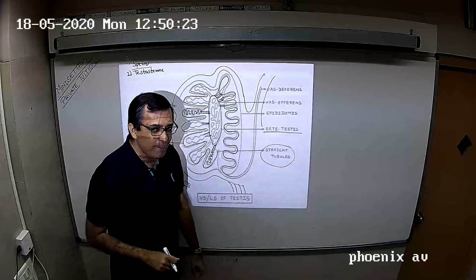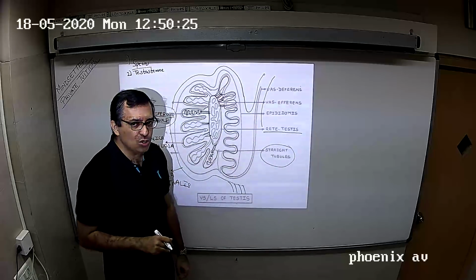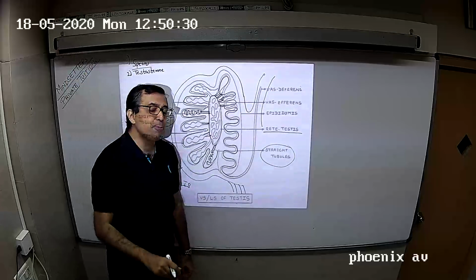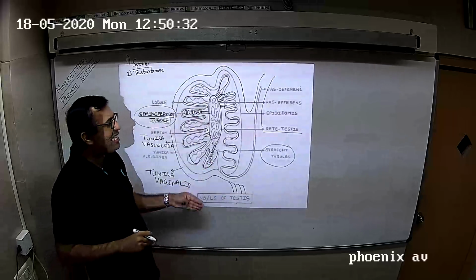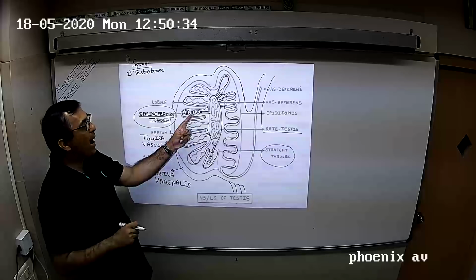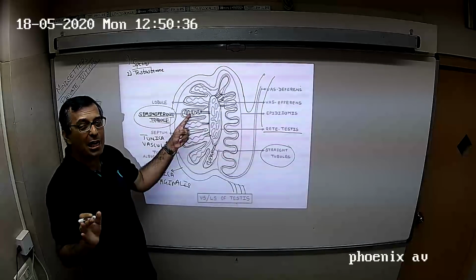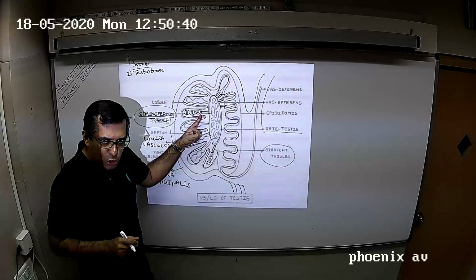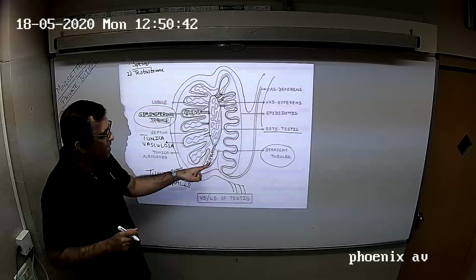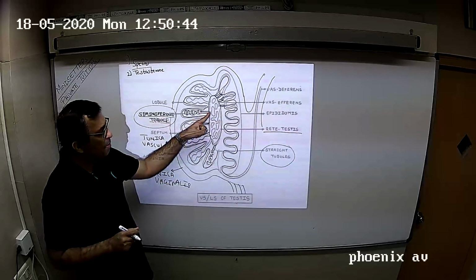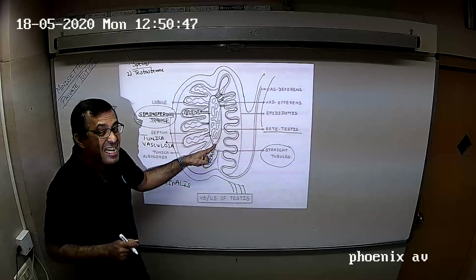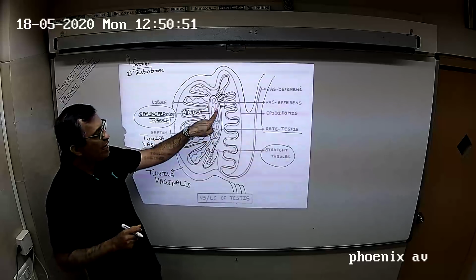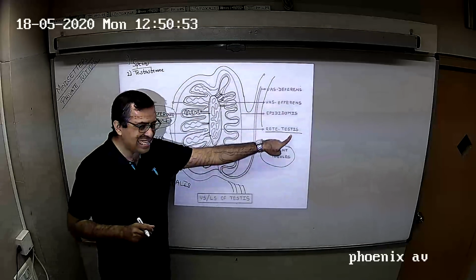So, once again, how does spermatogenesis take place, and what is the pathway for sperms? Sperms are produced inside the testis by a process called spermatogenesis within the seminiferous tubules. From seminiferous tubules, sperms pass into straight tubules. From straight tubules, they go into rete testis.